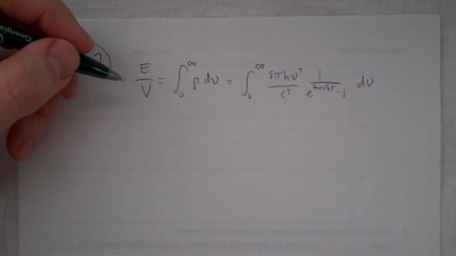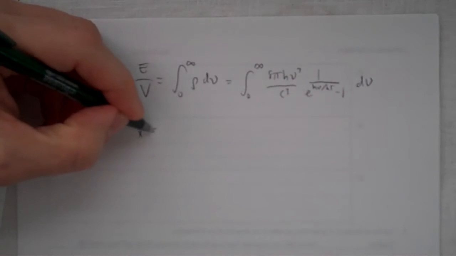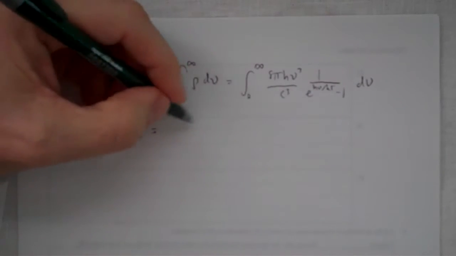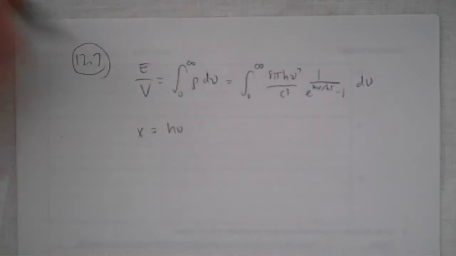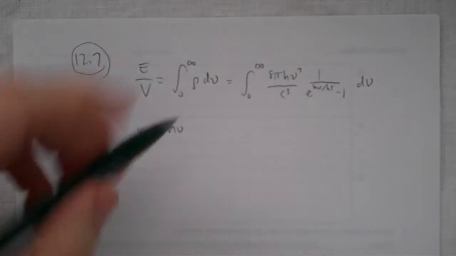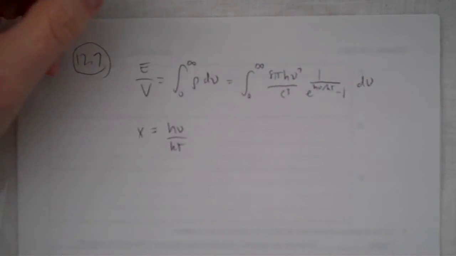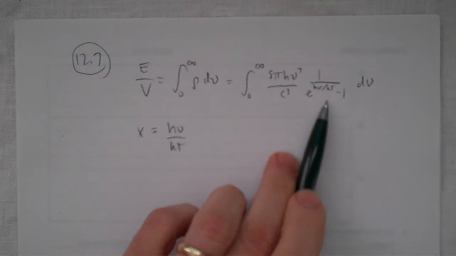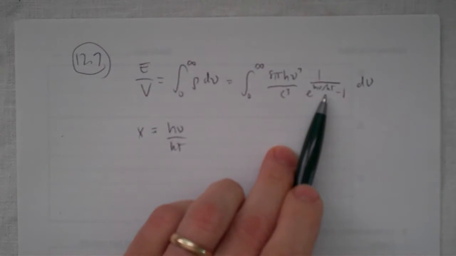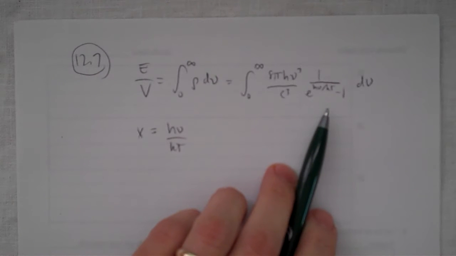And then we're given this hint. The hint is to make this substitution x. This is like u substitution, except this is not dx, it's d nu. So we're just going to use x equal to h nu over kT, which is that right there. And then the definite integral, this is another major hint.